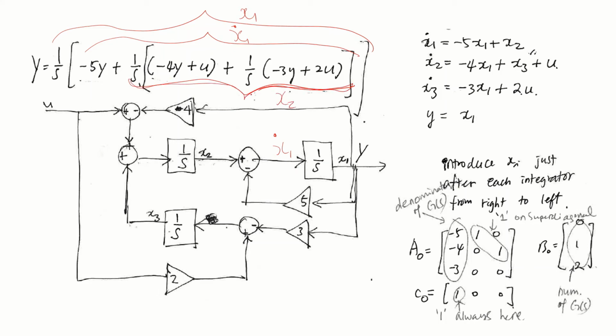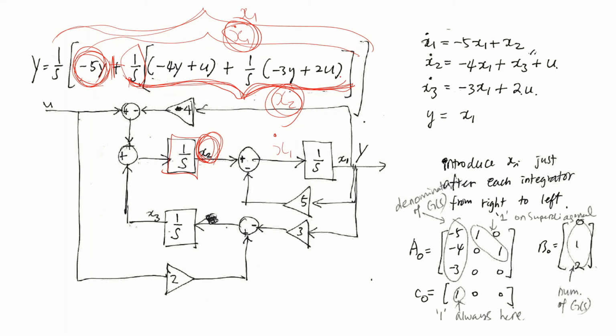So this is now called x2, and here comes x2, defined right after 1 over s, like here. So if the whole thing is x2, then x2 plus minus 5y, so minus 5y, will be x1 dot. So here x1 dot is minus 5y plus x2.